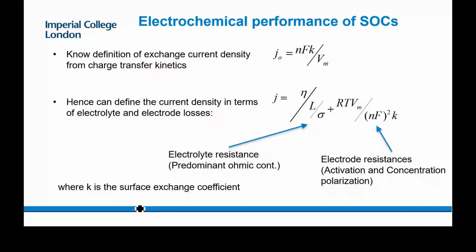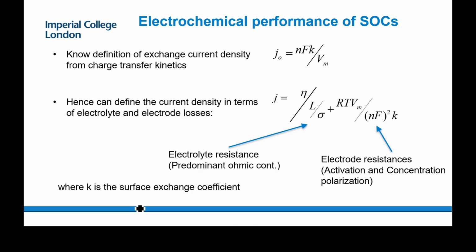So we can then start to relate those losses to processes, and relate it to the thermodynamics and the kinetics. So we can start to think about exchange current density from charge transfer kinetics. So we can have an exchange current density term, Faraday, Boltzmann, the molar volume of the charge carrying species, and so on. So standard electrochemistry.